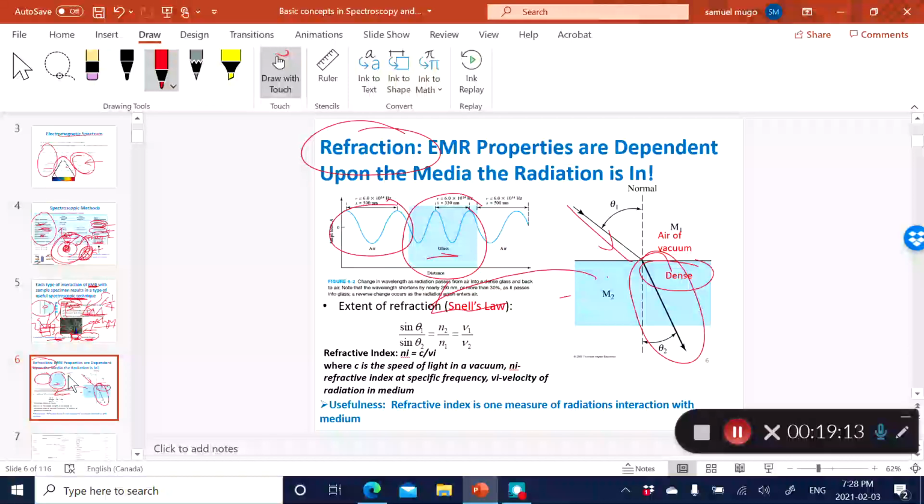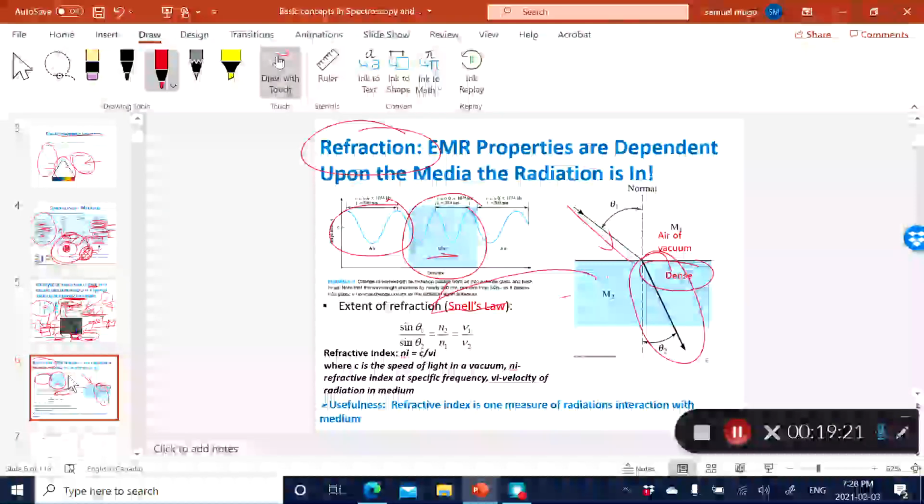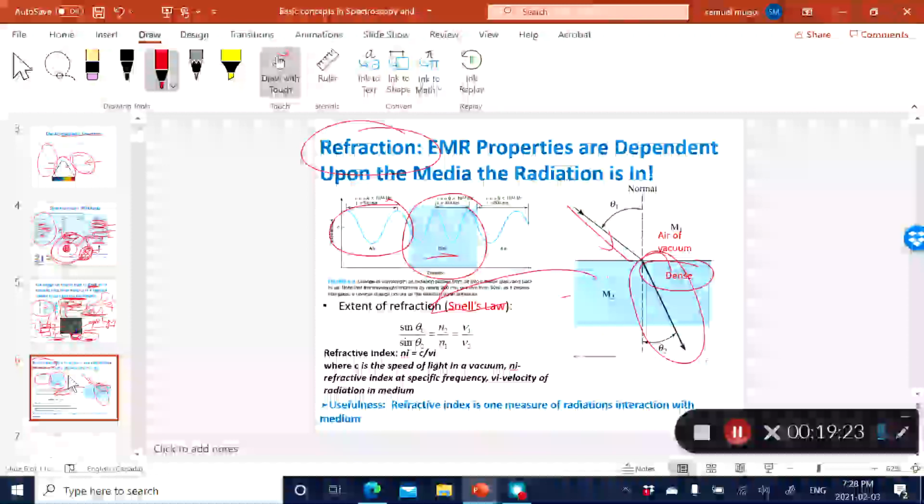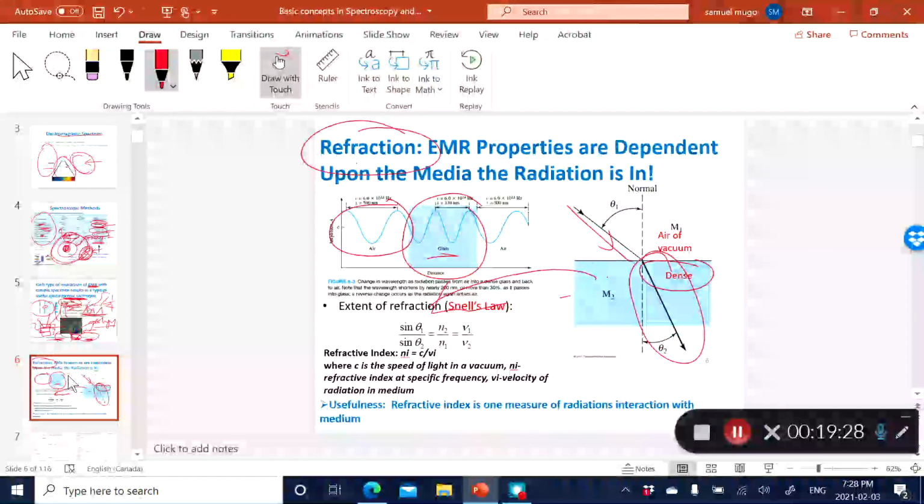Very important, a property or characteristic of material. In fact, that's what people use to identify different types of materials, their refractive index, because it's very, very specific.